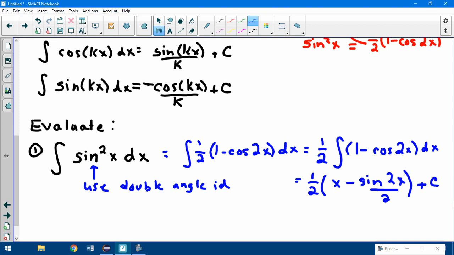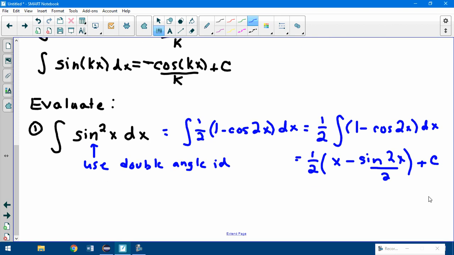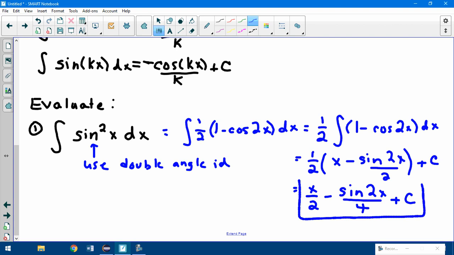The plus c is just a constant, so it doesn't need to get multiplied by the 1/2 because it would still be a constant. But when I distribute the 1/2 through to the rest of it, we end up with x over 2 minus sine of 2x over 4 plus c. So in some ways, this might be a little bit easier than yesterday's notes because I didn't even need any u sub once I did that.